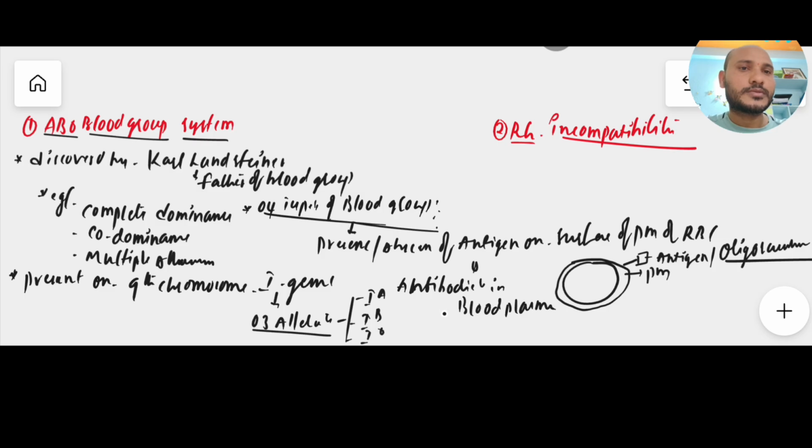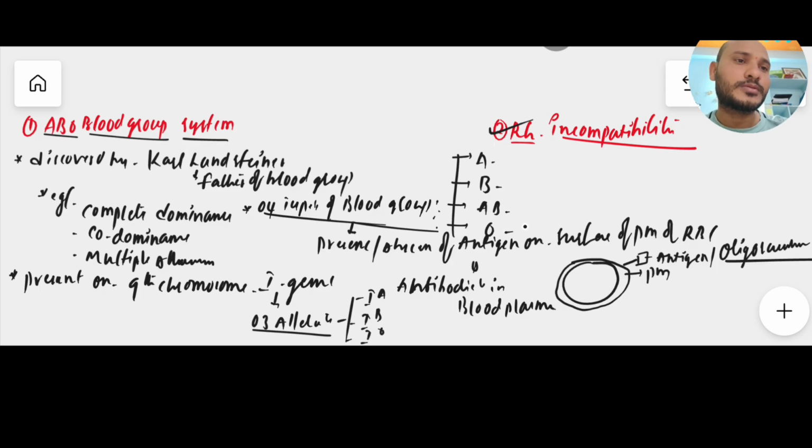So finally, the four types of blood groups are based on presence or absence of antigens on the surface of the plasma membrane of RBC and presence or absence of antibodies in blood plasma. We have four types of blood group: A blood group, B blood group, AB blood group, and O blood group.